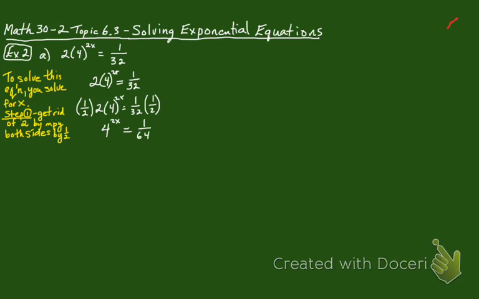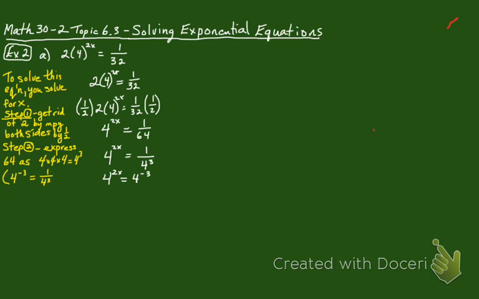So if we can write 1 over 64 now as the power of 4, we know that 4 times 4 is 16, times 4 is 64, so we can replace 1 over 64 with 1 over 4 cubed. Now, 1 over 4 cubed, you'll remember, is 4 to the power negative 3.